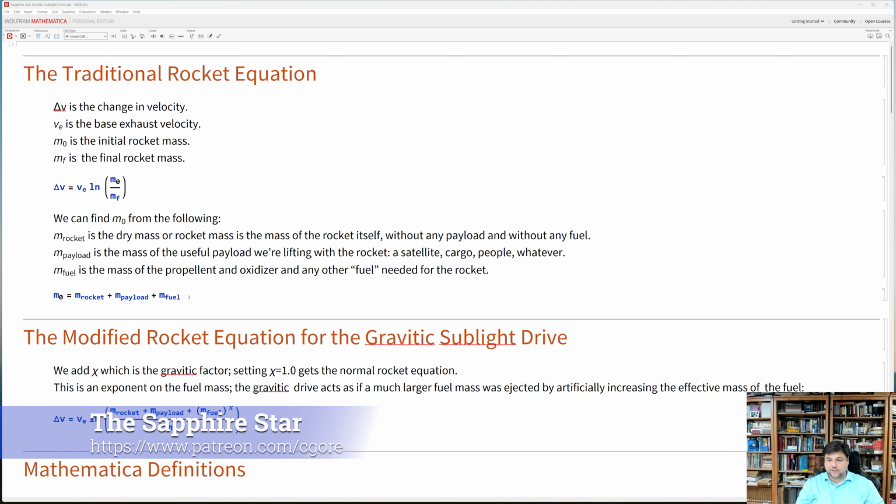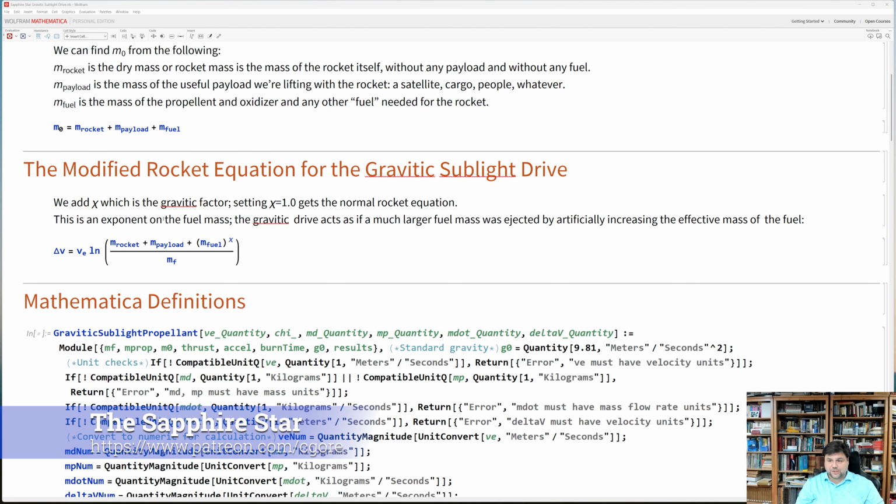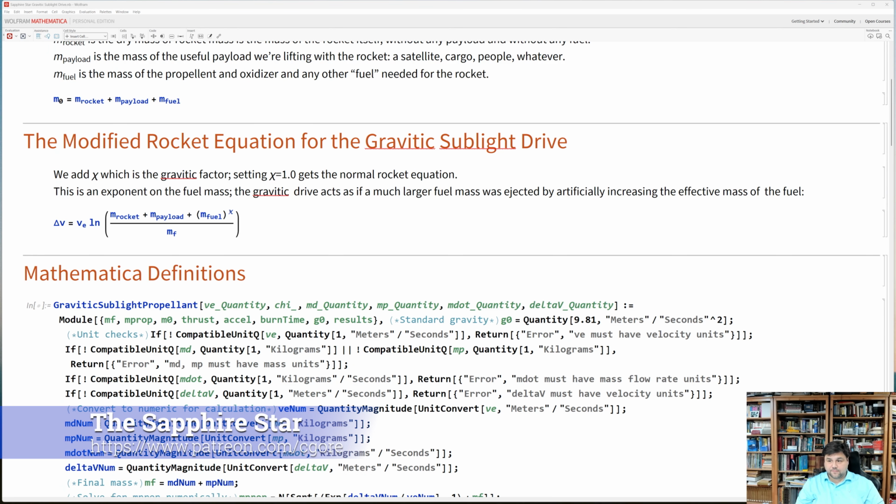Here's that equation again: mass zero over mass final. I'm modifying it just by adding a chi factor, which is an exponent on the fuel mass. The M0 is going to be the mass of the rocket itself plus the mass of the payload.